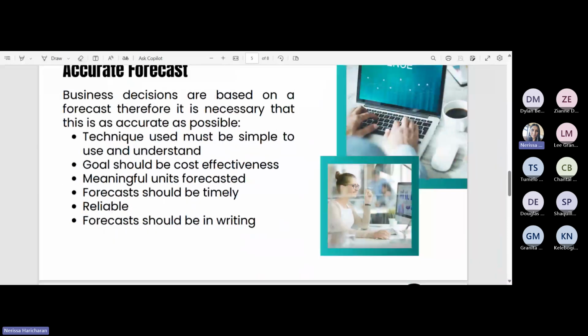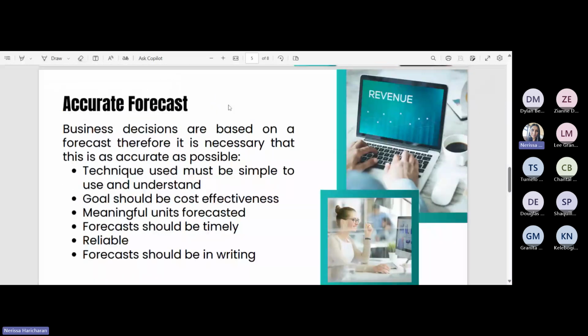All right. Then we have the different aspects from an accurate forecasting perspective, okay? A lot of times businesses ask the question, why do they need an accurate forecast? And a lot of times the answer is because a lot of business decisions are made based on that forecast.